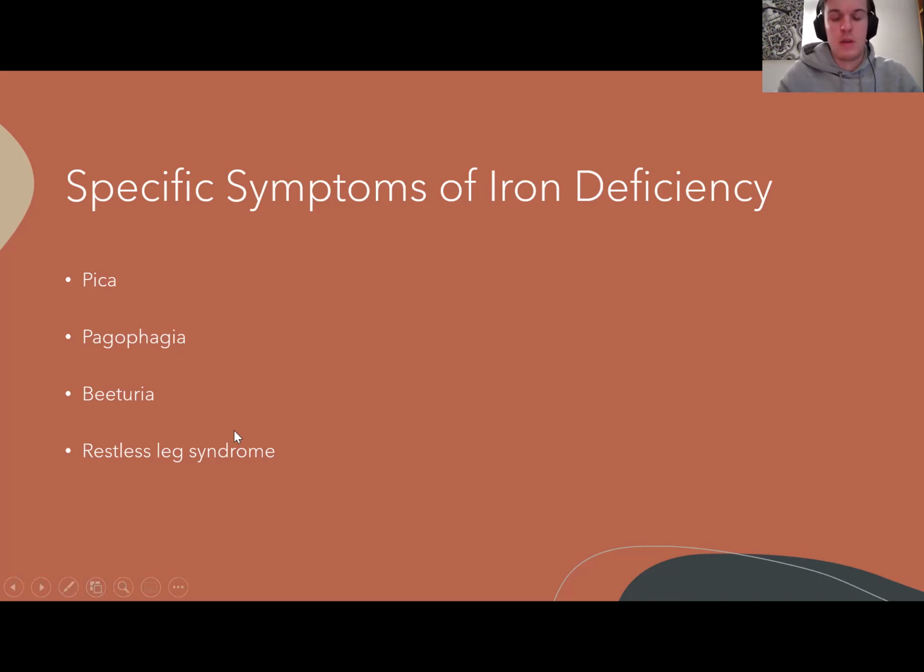Without intrinsic factor, B12 isn't really absorbed by the body. If you develop pernicious anemia, you start attacking your own parietal cells. When you attack those parietal cells, you don't release intrinsic factor, which means B12 doesn't get bound up and it doesn't get absorbed in the terminal ileum.